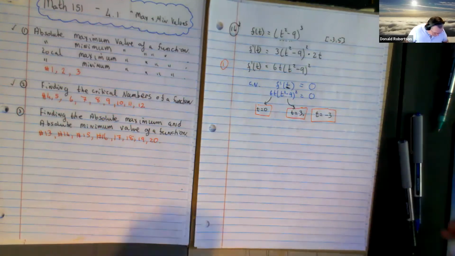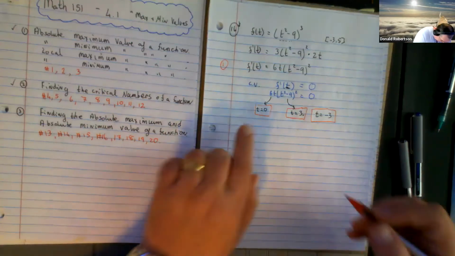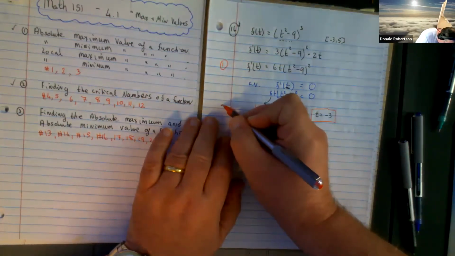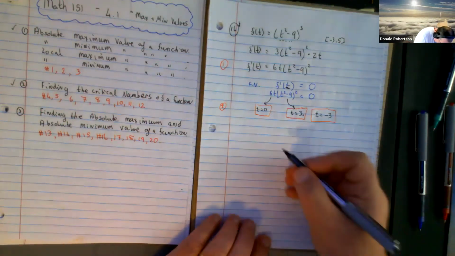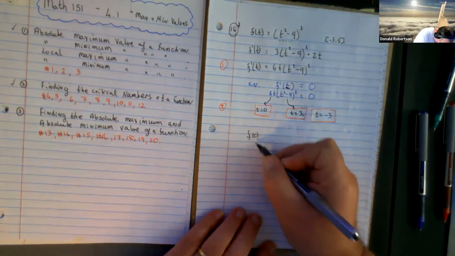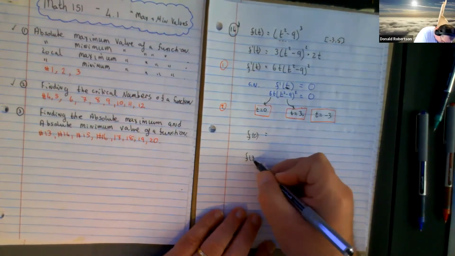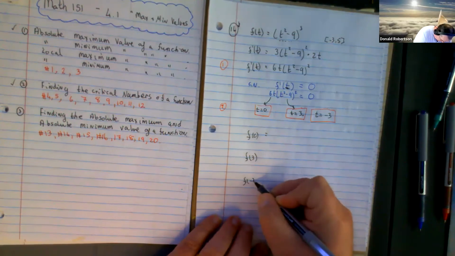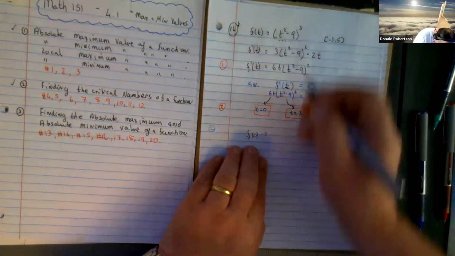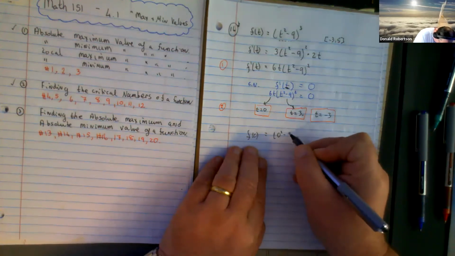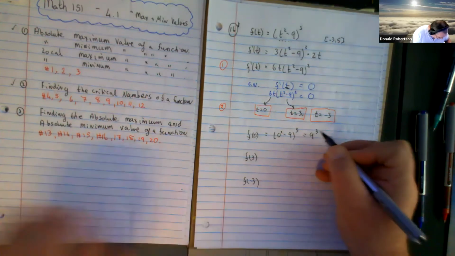So, we've found these. Find the value of the original function at 0, at 3, and at -3. If you plug in 0 to the original, you get 0 squared minus 9 cubed, which is negative 9 cubed, which is massive.